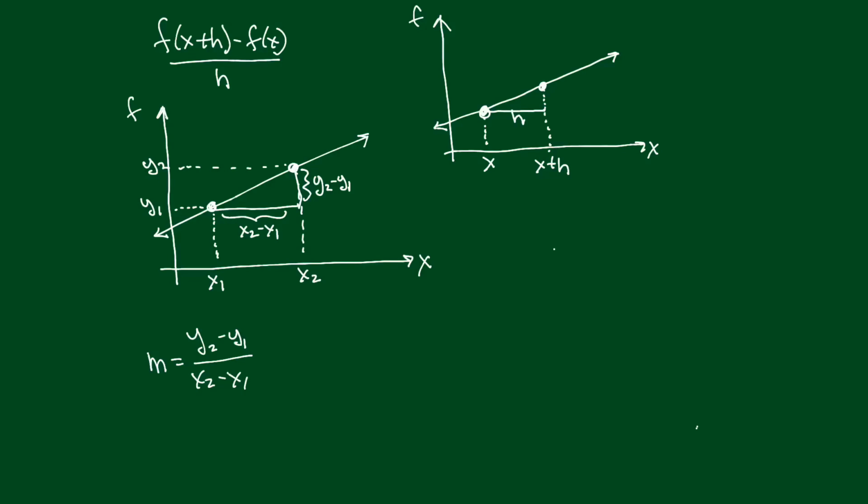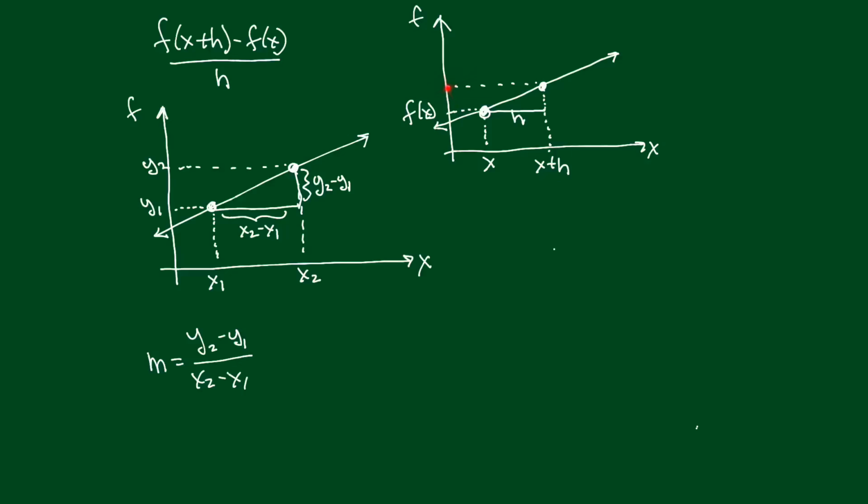And then what are these y values? Well, the y value is going to be the function value at x, right? So how do you get this value right here? You put x into the function and you compute. So instead of y, we're writing f of x. And now how do you get this y value here? Well, to get that one, you put x plus h into the function and compute.